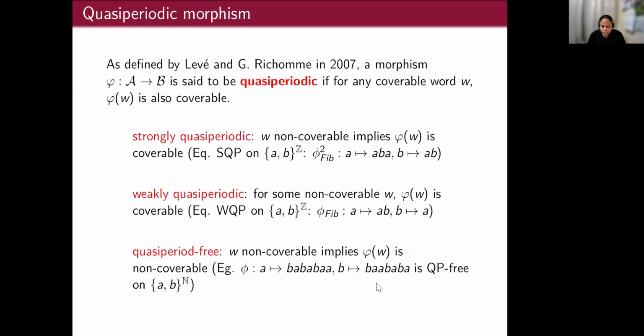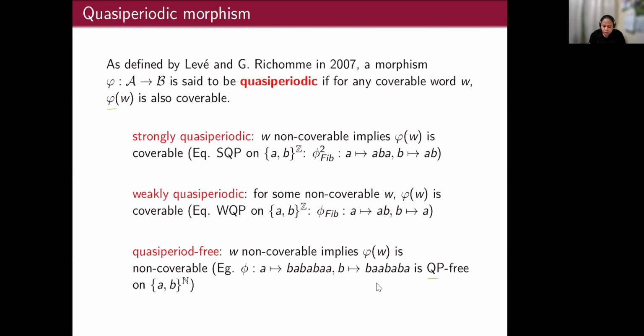A morphism from an alphabet A to B is said to be quasi-periodic if for any coverable word W, the image of W under the morphism is also coverable. They further classify this type of morphism as either strongly quasi-periodic or SQP, weakly quasi-periodic or WQP, or quasi-period free, which we denote here by QP free.